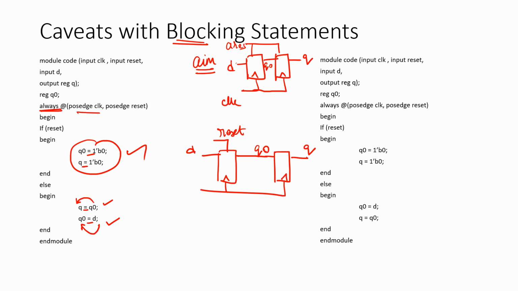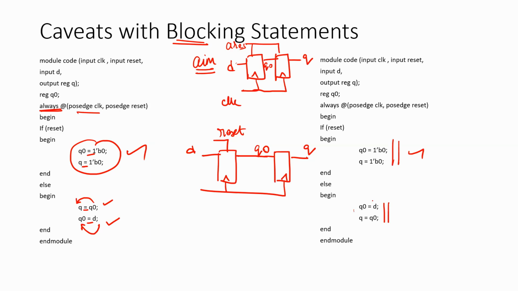Now let's see the other way of doing it. Let's say I wrote it like this. I changed the order. I wrote Q0 equal to D first and Q equal to Q0 second. This portion of the code is the same, there is no change here and here, so there is no problem. Now here I'm making Q0 equal to D first.